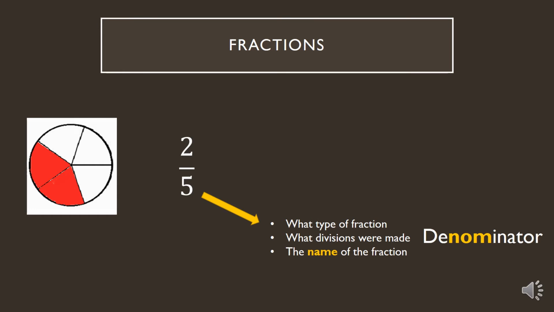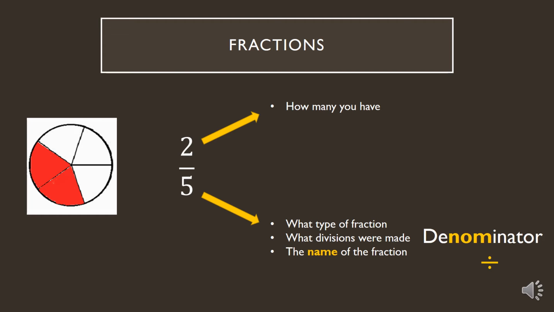And this number under the line is called the denominator. That part, NOM, of the word denominator refers to the name. So it tells us what fraction you're working with. It names the fraction. We divide, so it tells us how many divisions we had. The number on top of the fraction, so the 2, tells us how many of those divisions we have.